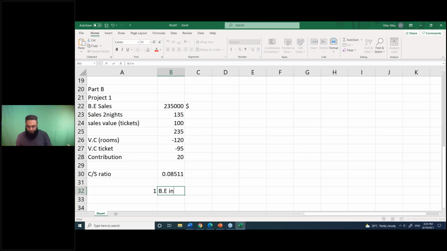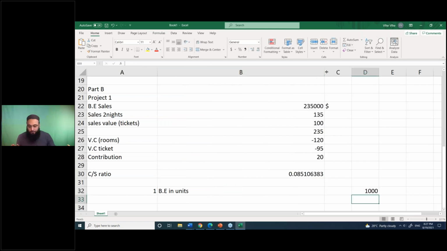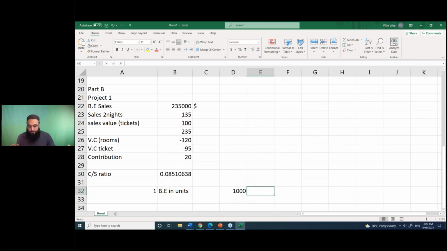Fixed cost of 20,000 divided by the contribution per unit, which is 20, which means that I need 1,000 rooms.